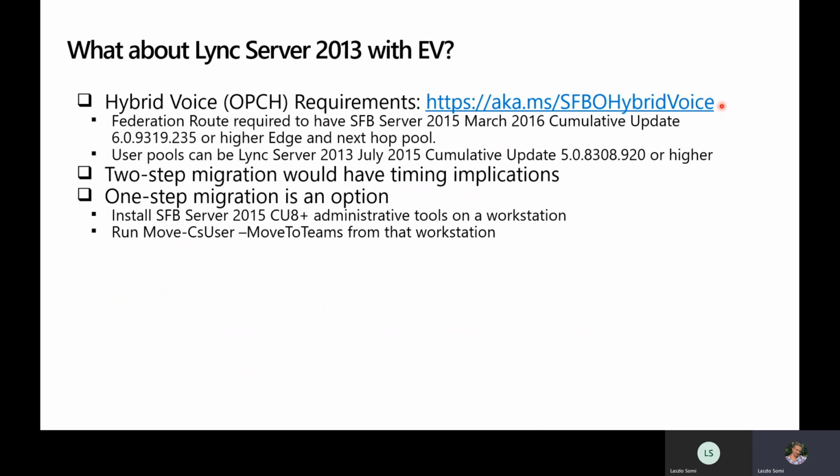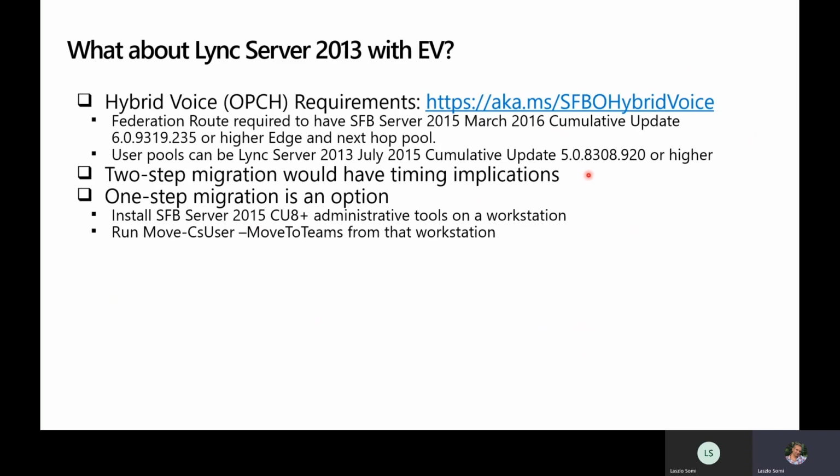OPCH has some specific requirements for versions to be deployed. Use aka.ms/SfBOHybridVoice to get all those details. And OPCH does require that the Edge server and next hop pool be a 2015 pool. Otherwise, the backend services where the users are located, the users pool, can still be 2013.